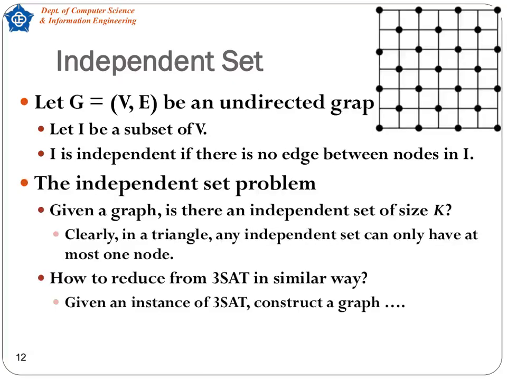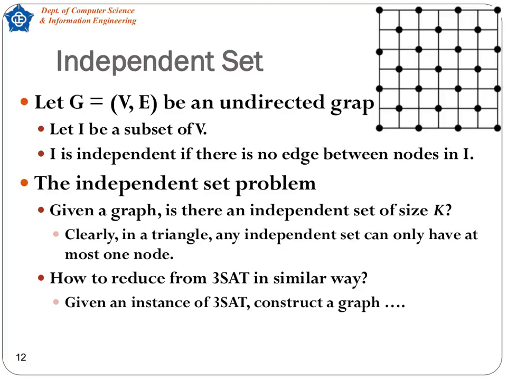Building on that idea, we now formalize the independent set problem. We start with an undirected graph G equals (V, E) and select a subset I of its vertices. We call I independent if no 2 vertices in I share an edge. The key computational question is, given G and an integer k, does G contain an independent set of size at least k? For example, in a simple triangle graph, you can pick at most one vertex.